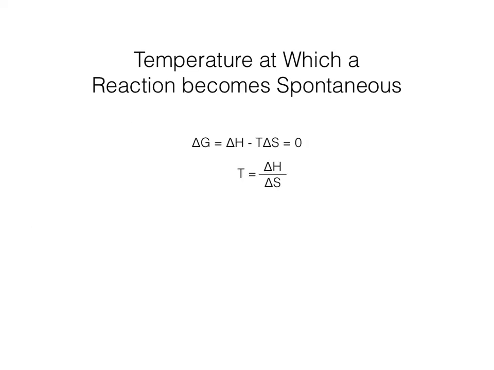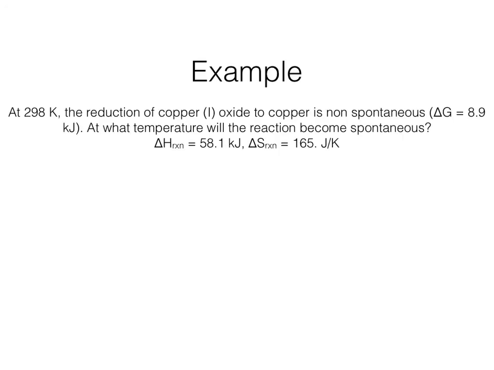And so what we do is we set this equation equal to 0, we rearrange, and so the crossover temperature is the delta H divided by the delta S. We remember the crossover temperature is delta H divided by delta S.